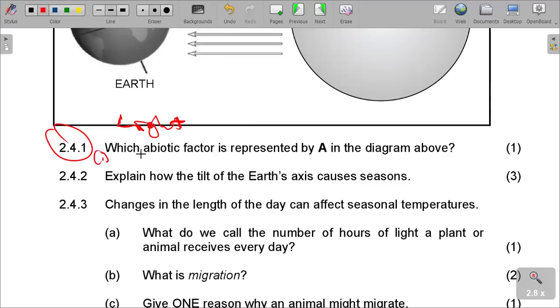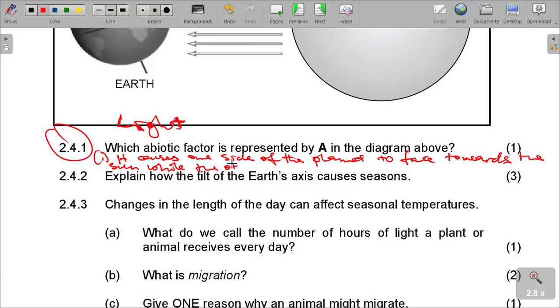The tilt of the Earth's axis causes one side of the planet to face towards the sun, while the other side is away from the sun.